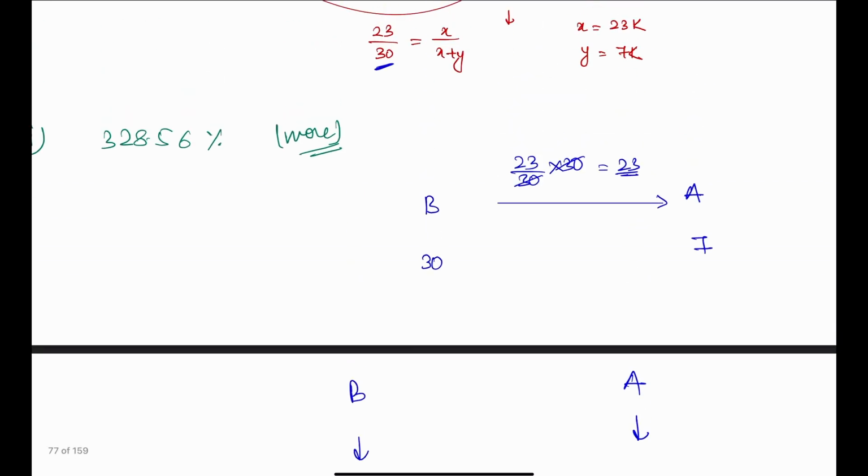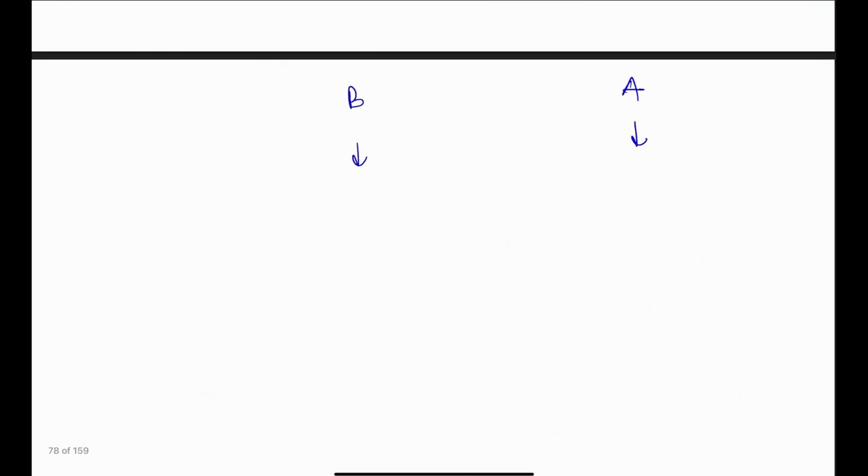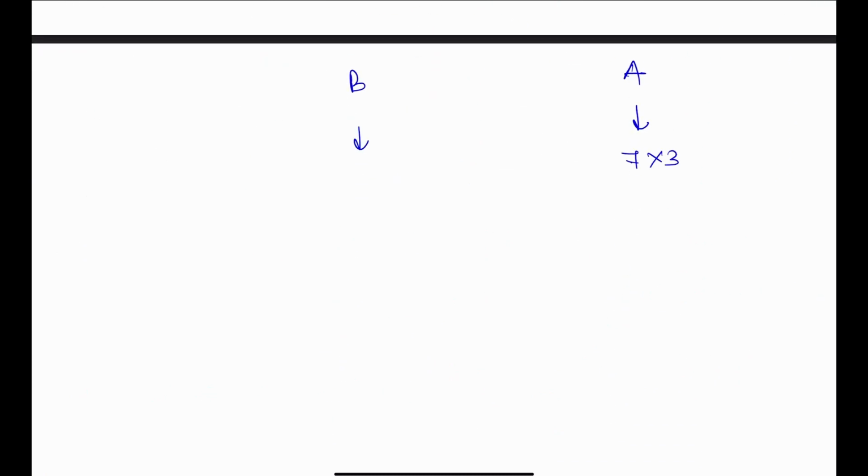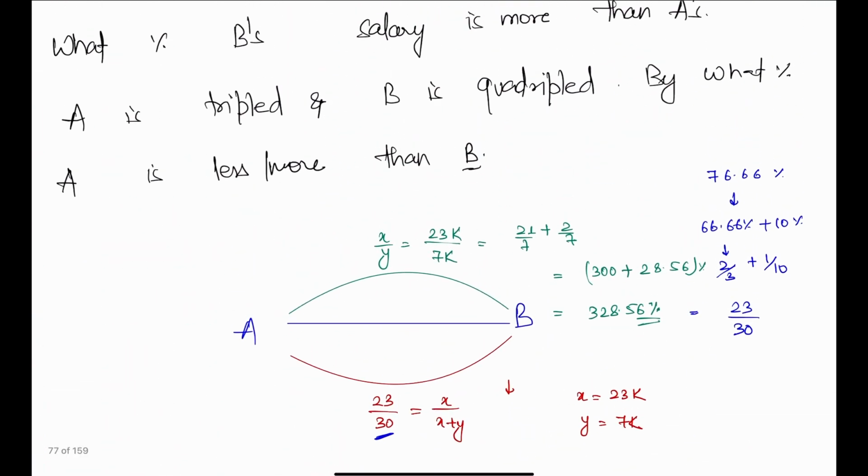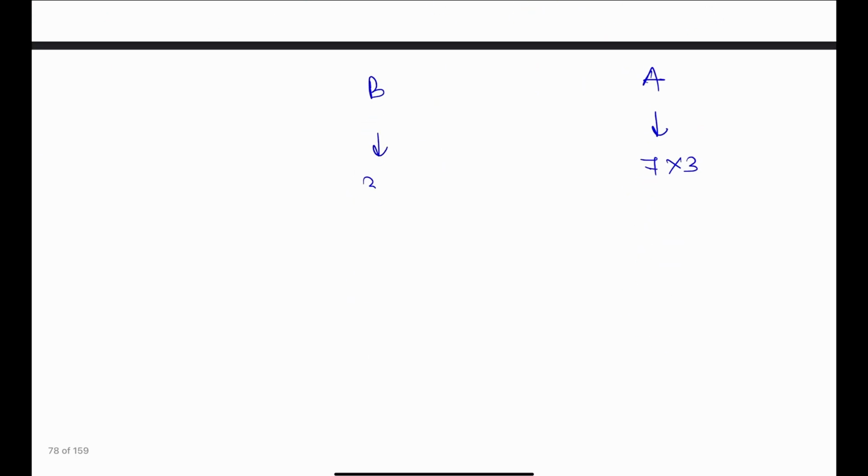So the new A, what is happening to A is tripled, so 7 into 3, and with B it is, I guess, quadruple, right? So 30 into 4, so this is becoming 21 and this is becoming 120.